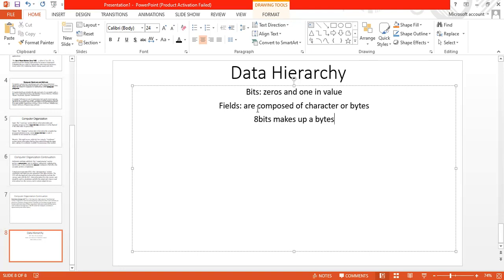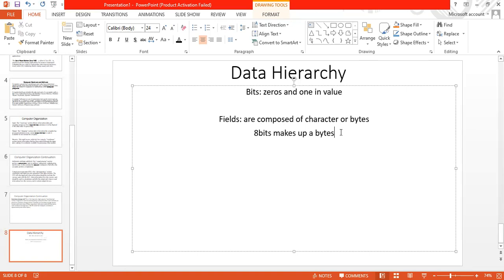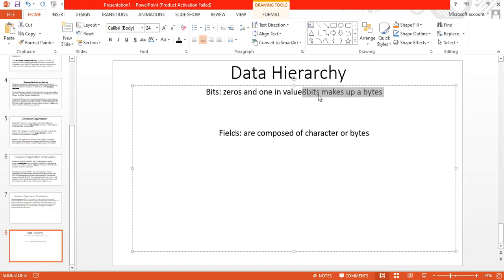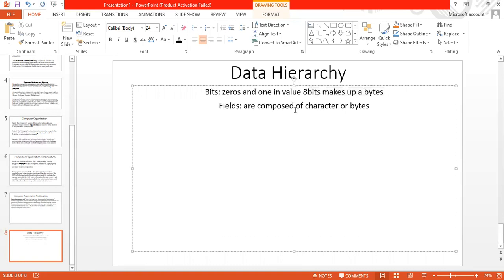And the combination of all these characters makes up a field. So after we have the bytes, we also have what is called the field. Then going forward, we have what is called the record.